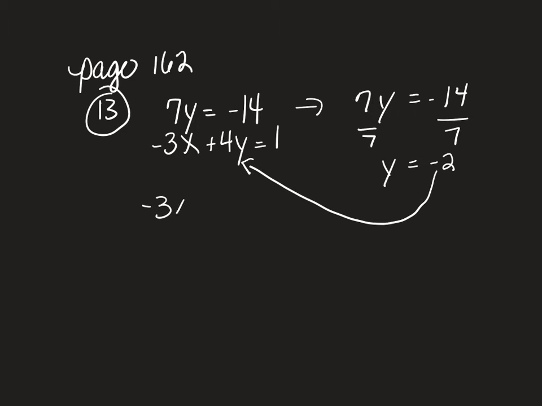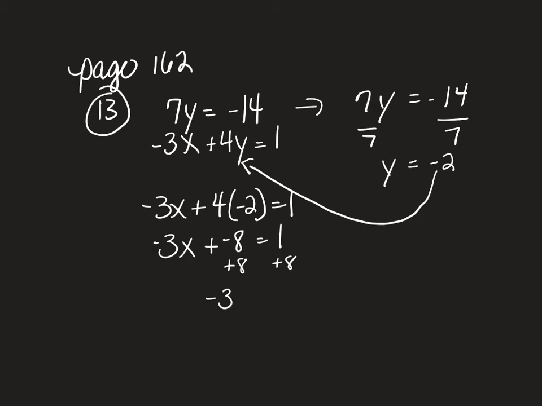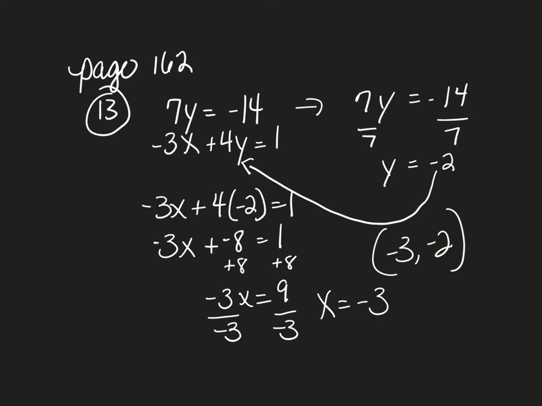I'm going to have negative 3x plus 4 times negative 2 equals 1. Negative 3x plus negative 8 equals 1. I'm going to add 8 to both sides. Negative 3x equals 9, divided by negative 3. X is going to equal negative 3. So it's negative 3, negative 2. That is your answer.